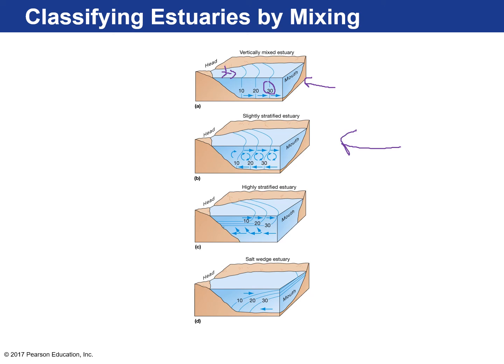If you notice in the stratified one, here's that wedge of fresh water, and the change in salinity is rapid. And then this is the salt wedge. So there's a huge wedge of salty water that pushes itself underneath the fresh water. So that's how estuaries mix fresh and salt water.